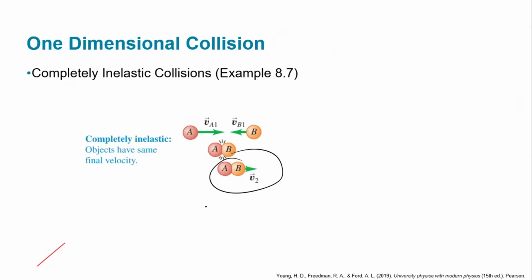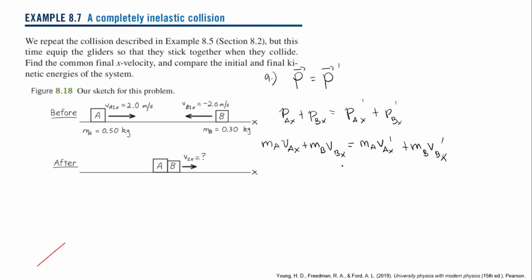If you look at the completely inelastic collisions, it means that A and B have the same final velocity. So VAX prime is equal to VBX prime. We're going to show this as VX prime.